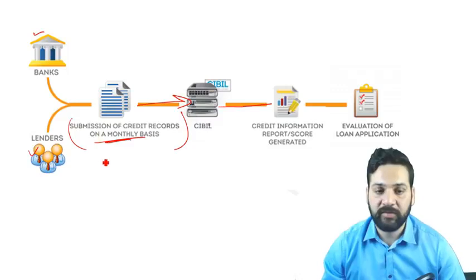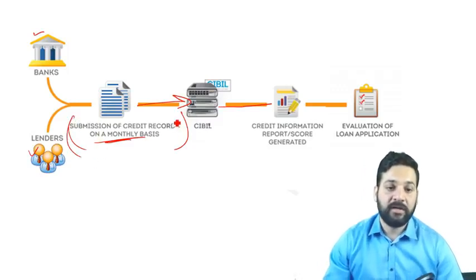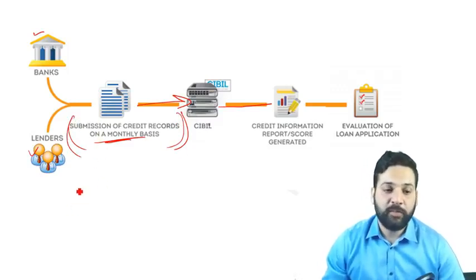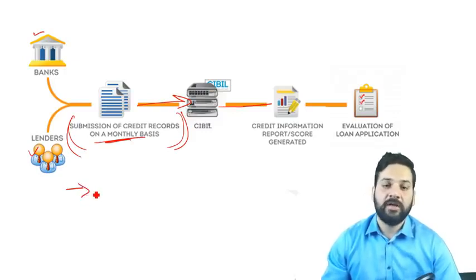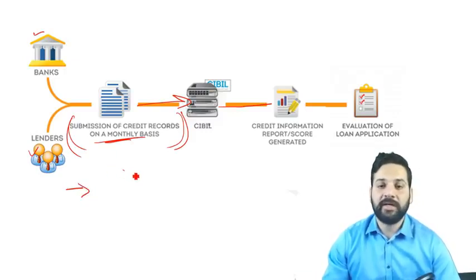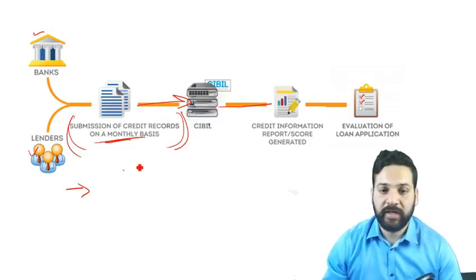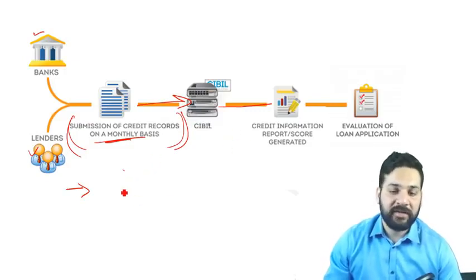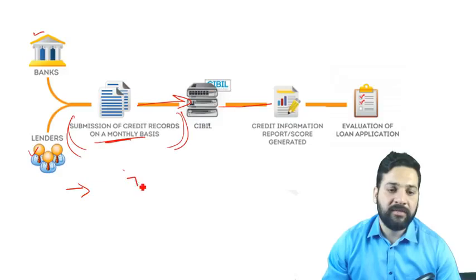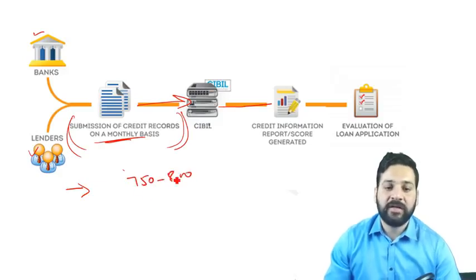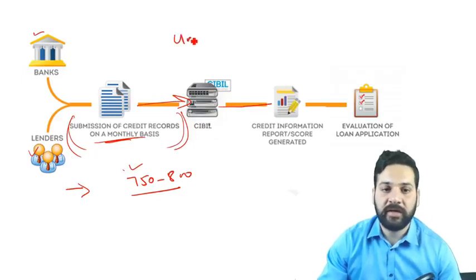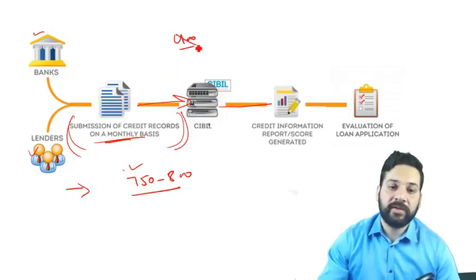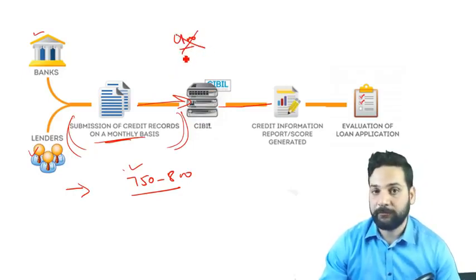Because what CIBIL does is, based upon this monthly record, CIBIL gives a credit score to each and every individual, right? So I have already told you, from 300 to 800. If the score is anything above 750 to 800, this score is good. If somebody's score is, let's say, 400, the bank is going to reject that application.